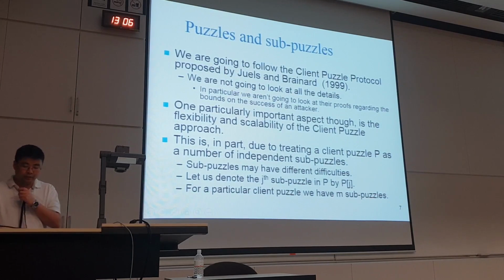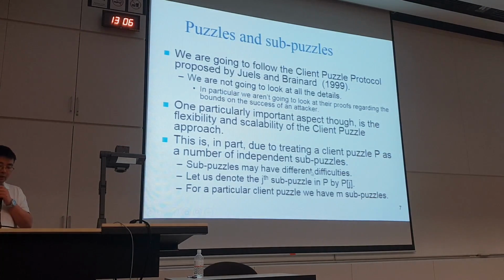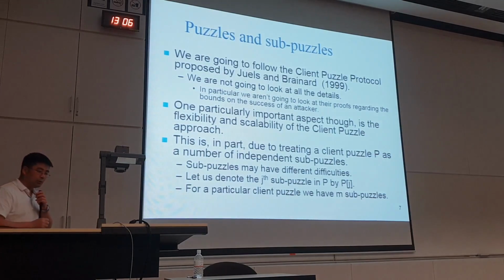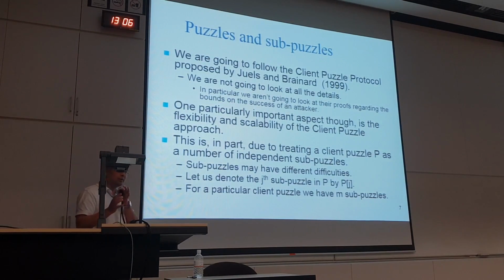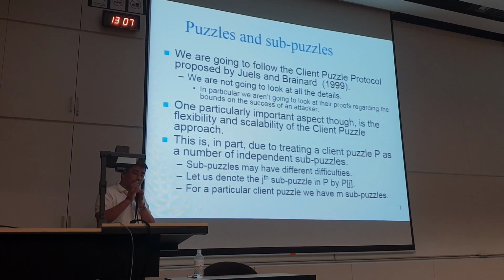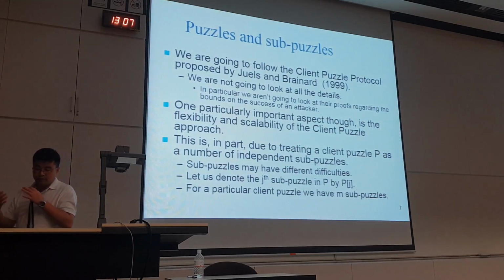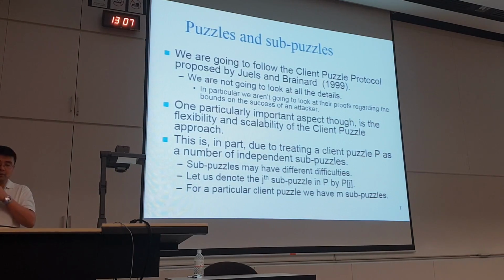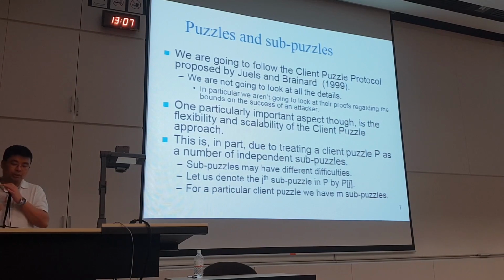That means instead of sending a large client puzzle to the user, we prepare a set of small client puzzles. And then the client will need to solve all these client puzzles one by one. Overall, if you look at the overall complexity, maybe they are the same. For example, you can have 10 bits missing, or you can have 5 client puzzles, each with maybe 2 bits missing, right?